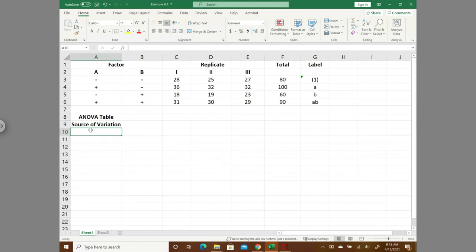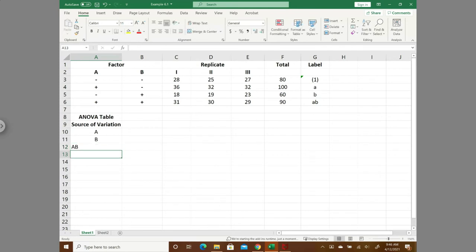Basically, the factors, interaction, error, and total. So those are factor A, factor B, and if you don't want to make them bold, that's fine too.